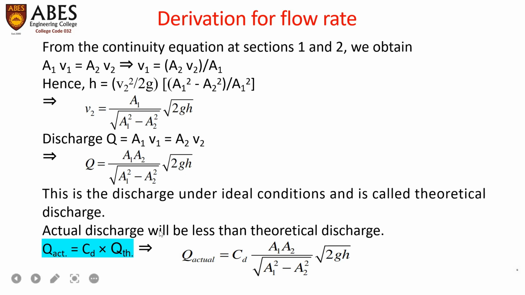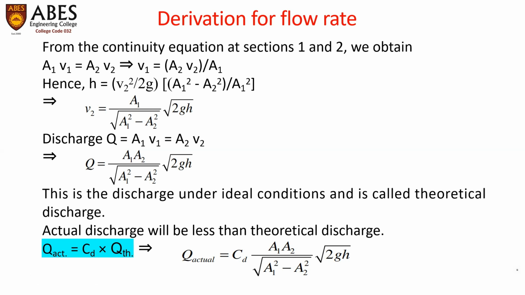This will provide the discharge in actual conditions, which is volume upon time. Volume is the area of the tank multiplied by delta H, the height raised during a certain interval of time, and this volume divided by the time interval is the actual discharge.